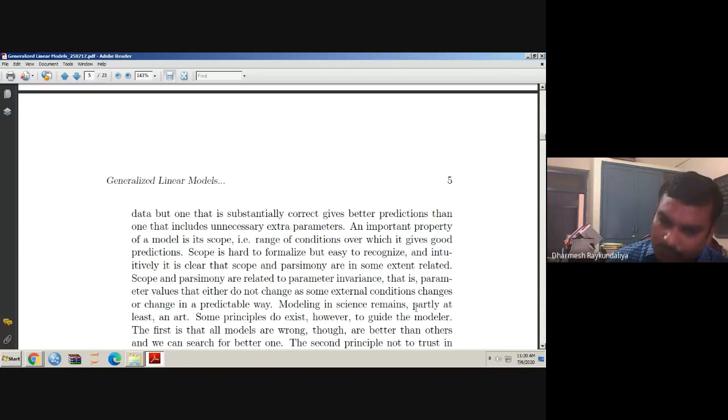Some principles do exist, however, to guide the modeler. There are some principles that we know, which in the 12th standard we may have heard about: there is a relation between pressure and temperature. As the temperature is increasing, the pressure is also increasing, and that is the relation we have studied, called PV = nRT.